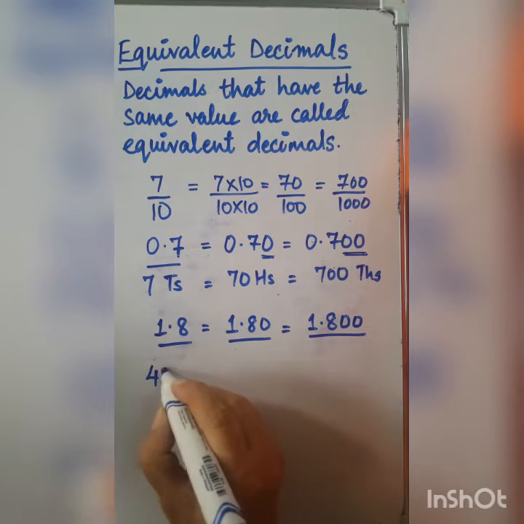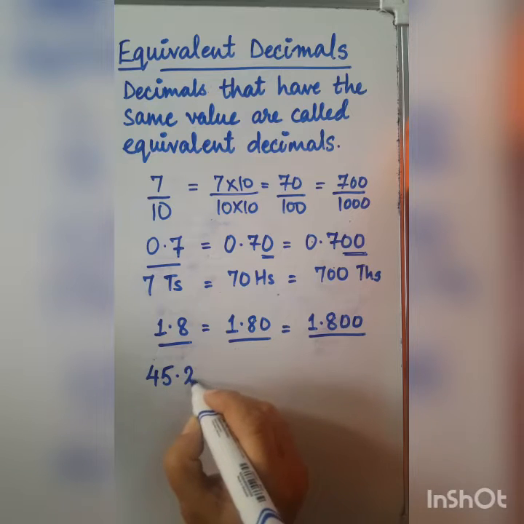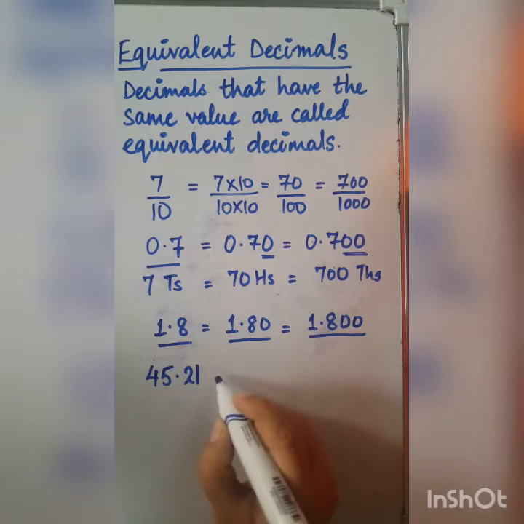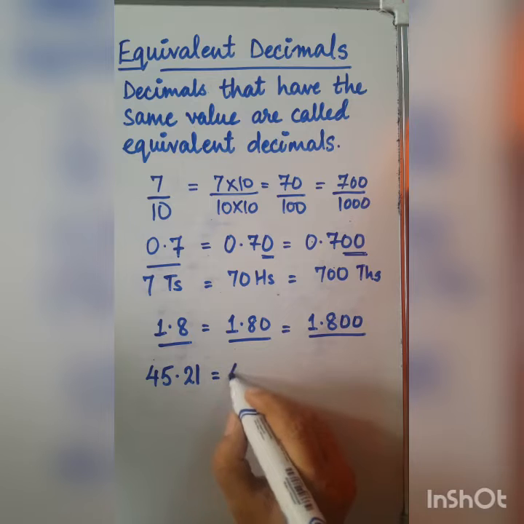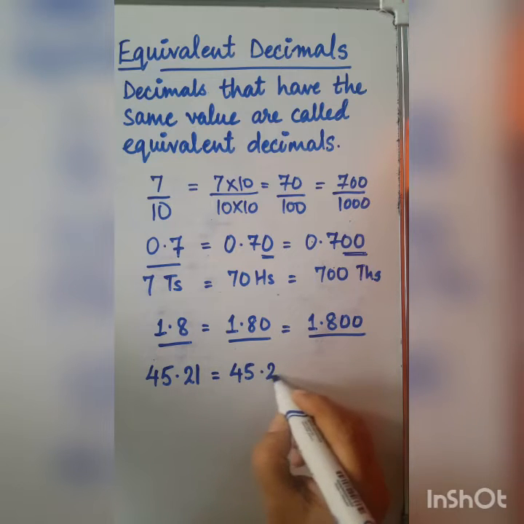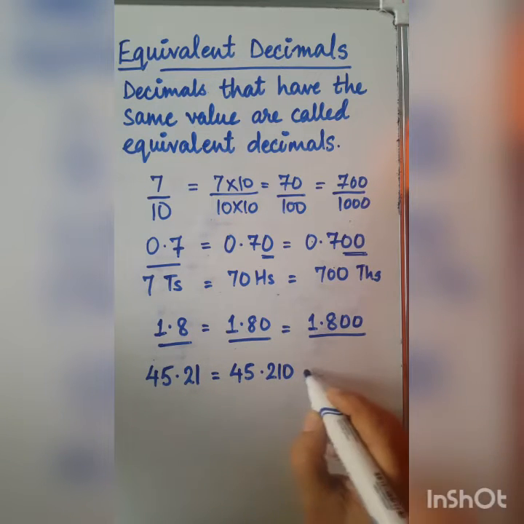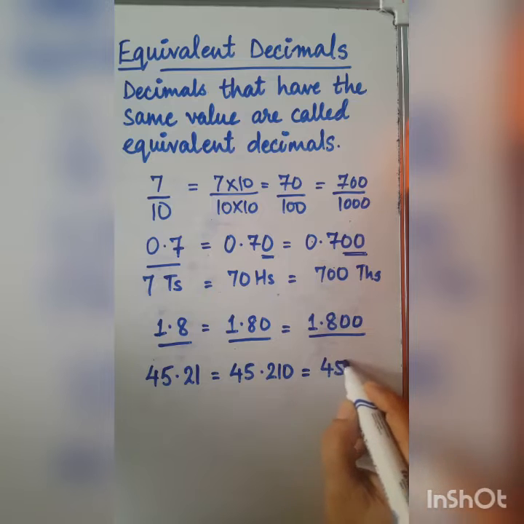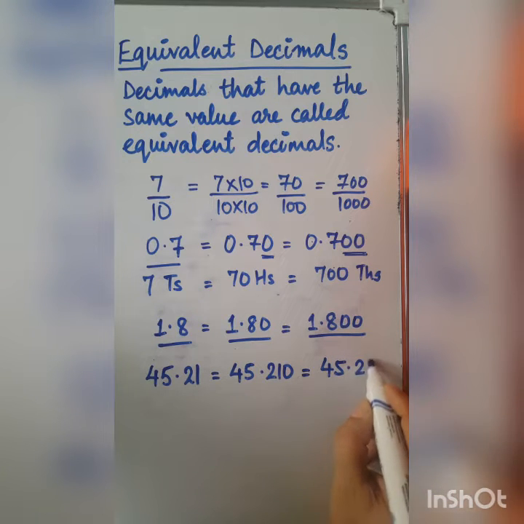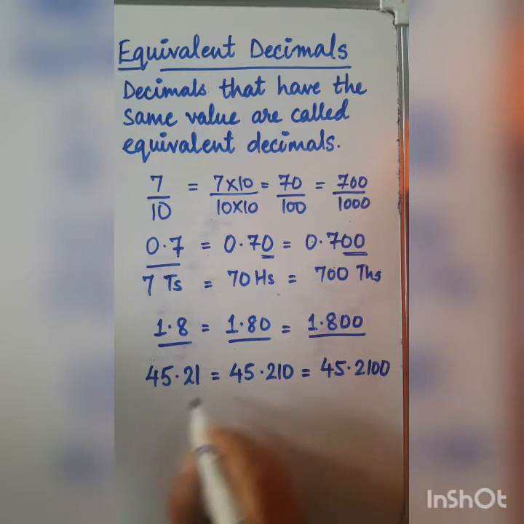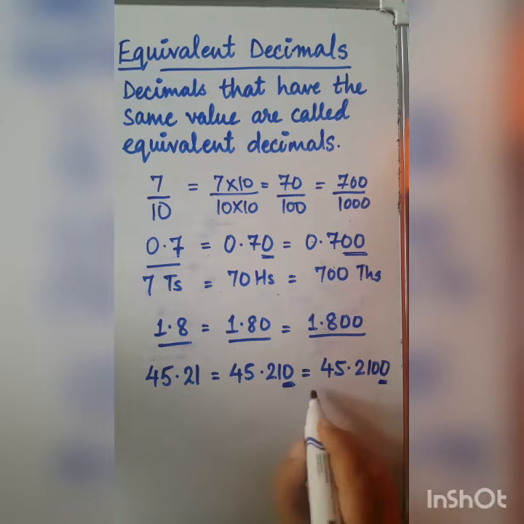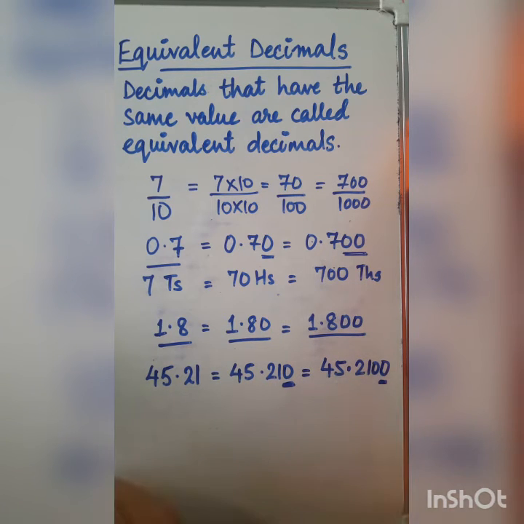Similarly, if I take another example, 45.21, you can write 45.21 as 45.210, or you can write 45.21 as 45.2100. Thus, the 0 on the right side of the decimal does not change the value.